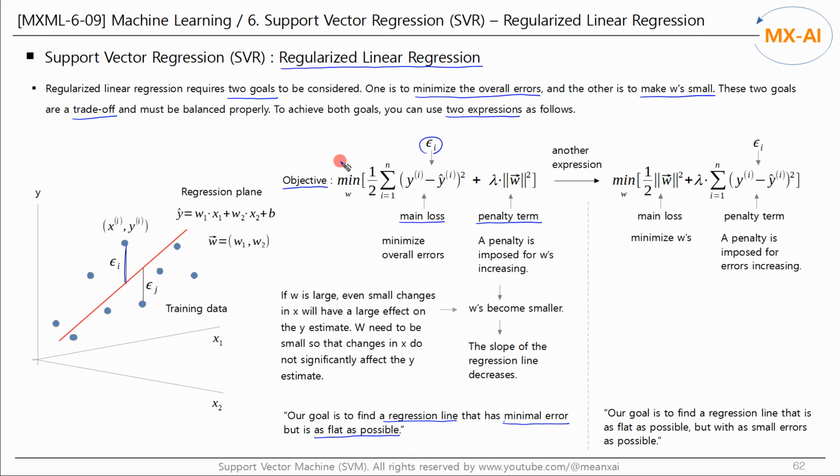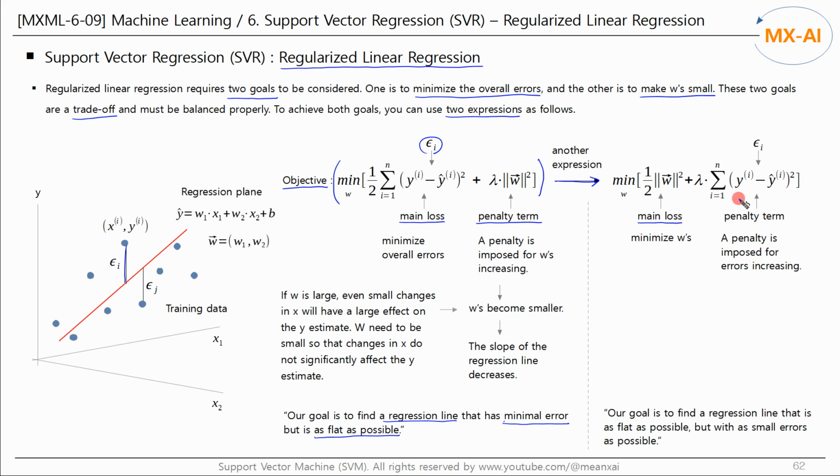This is the objective function we looked at in the linear regression video. Let's write this in another form. The main loss is to make the parameter W smaller. In other words, it makes the regression line or plane flatter. However, if you focus only on this, underfitting may occur.